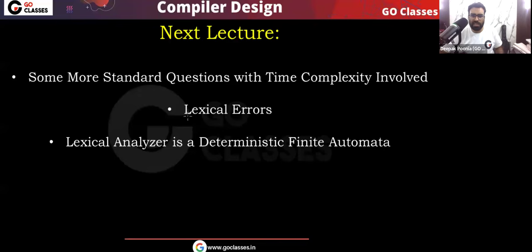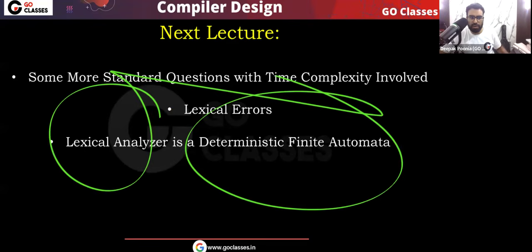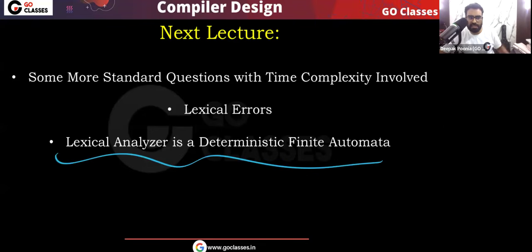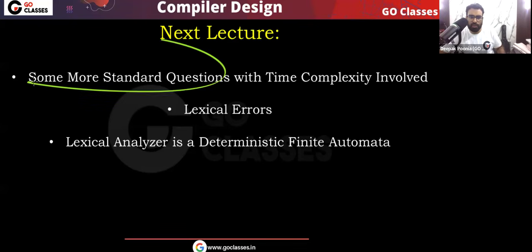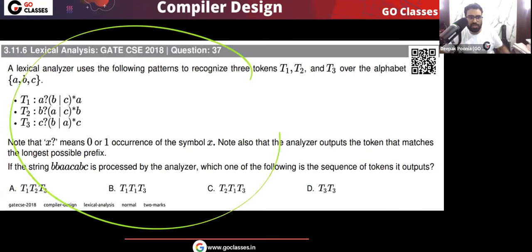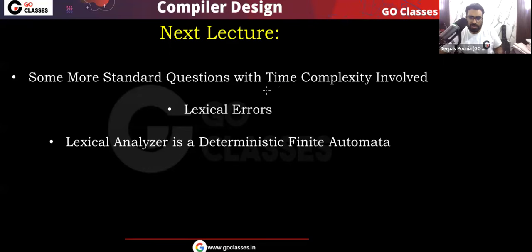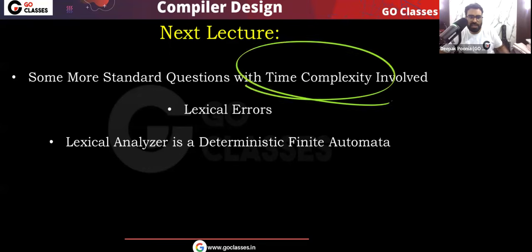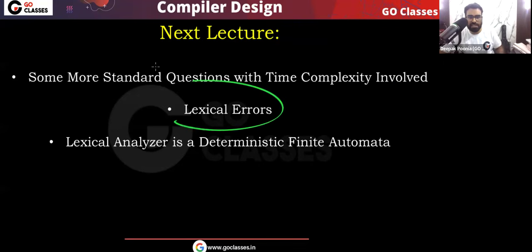So the complete list of lexical errors I will give you in the next session. And already we have seen in this lecture that lexical analyzer is basically a deterministic finite automata. Okay. So in the next lecture, our task will be some more standard questions on lexical analysis. Also this GATE exam question. Also some standard questions in which time complexity is involved, and also lexical errors. Okay. So these topics, these questions we will solve in the next session.